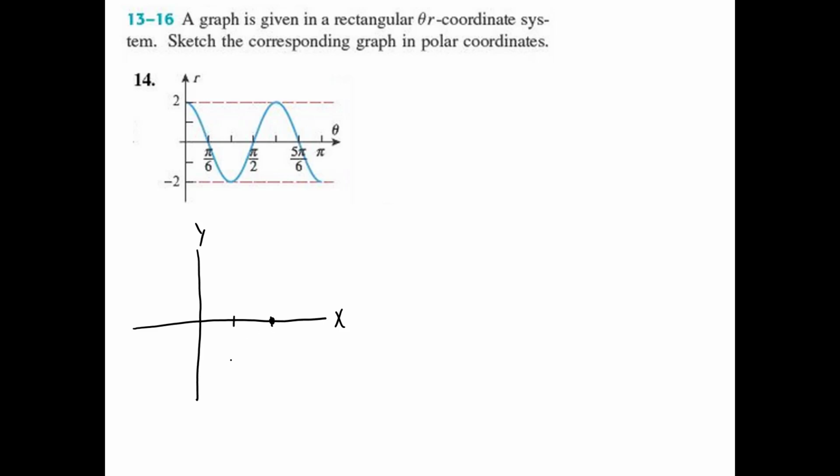So that is where I start. This part tells me that my R values are positive and coming down to 0. So at an angle of 30 degrees, pi over 6, my R value is 0. So 30 degrees, you can draw a 30-degree angle there. And then your R value goes from an R value of 2 to an R value of 0.